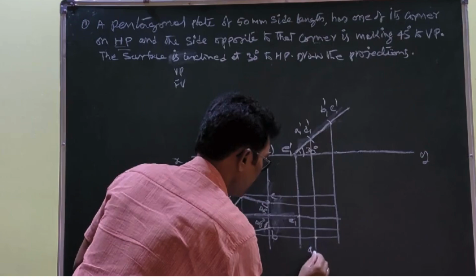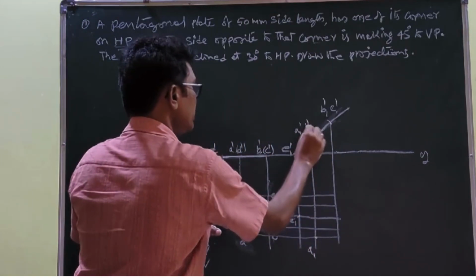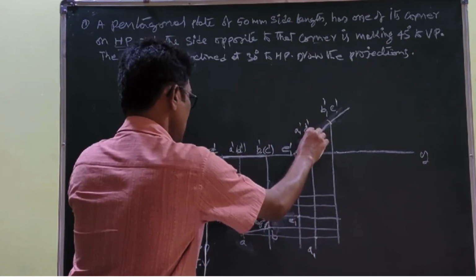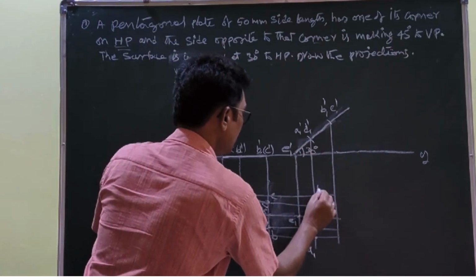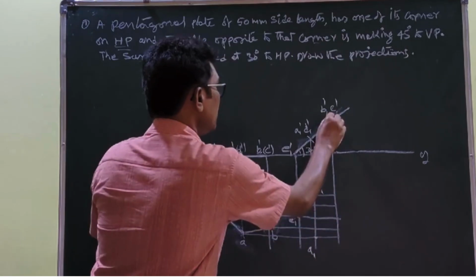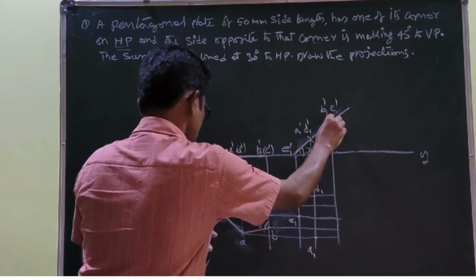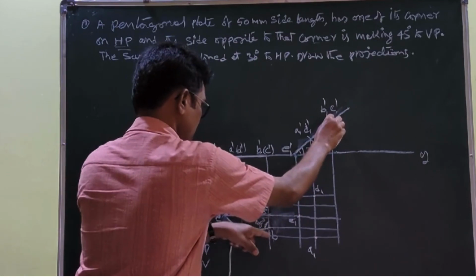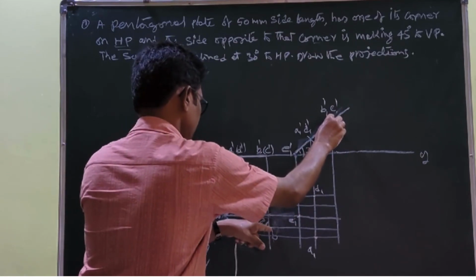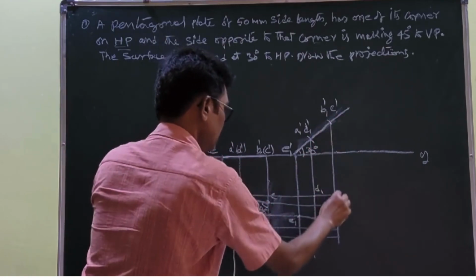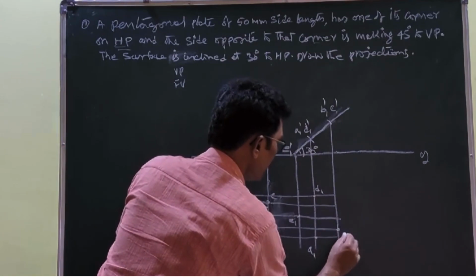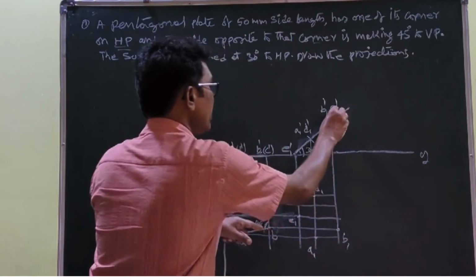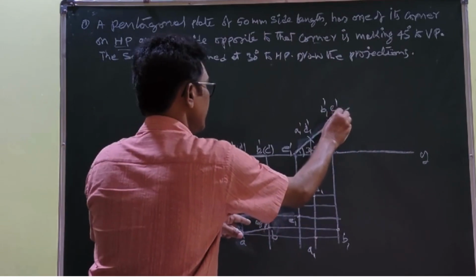This is the A1. The same way, D1 dash and D dash, they meet at this point. This is D1. B1 dash and this is the B point, so they meet at this point. So this is B1. In the same way there is C1 dash.